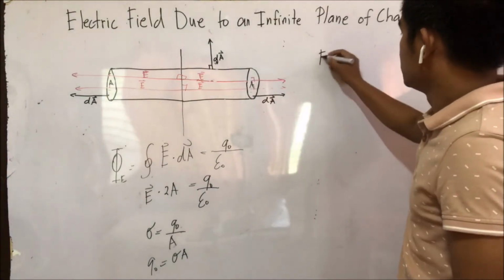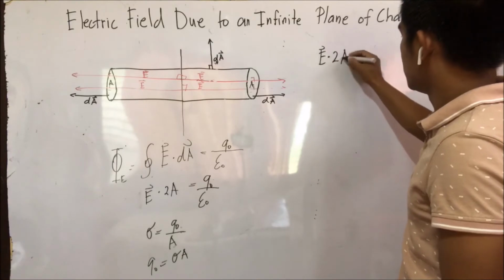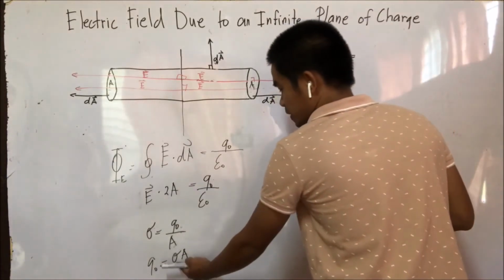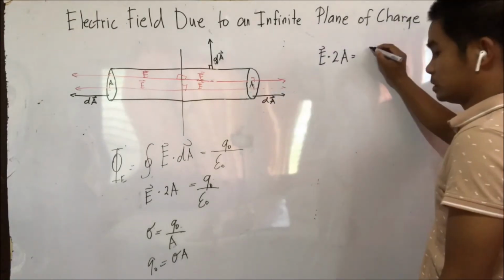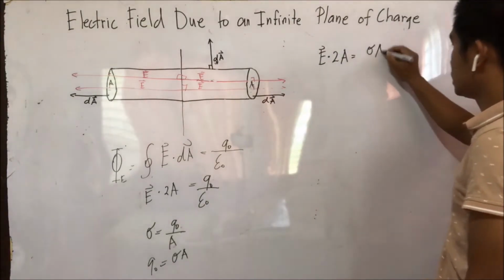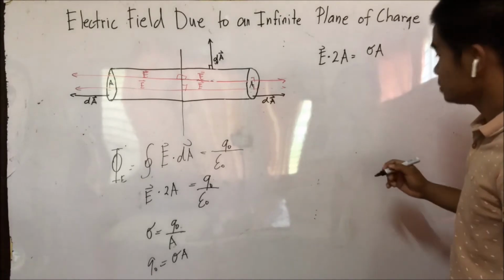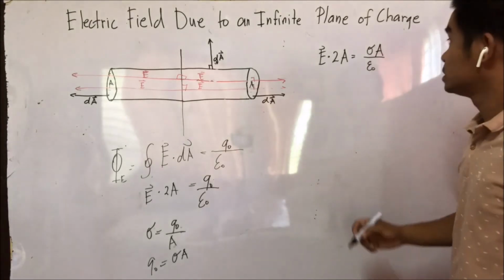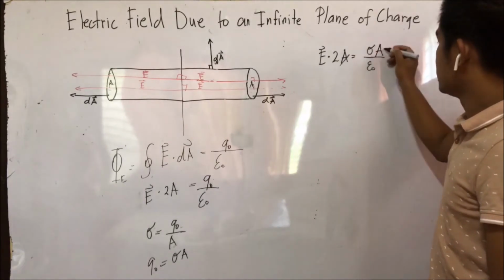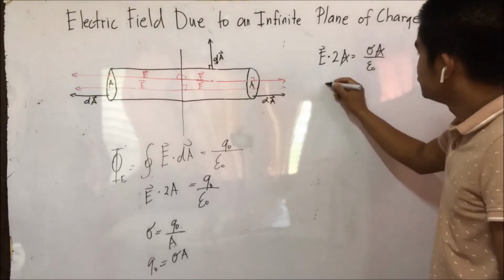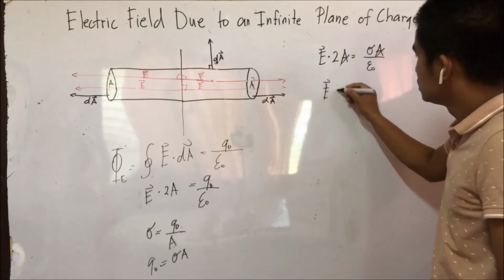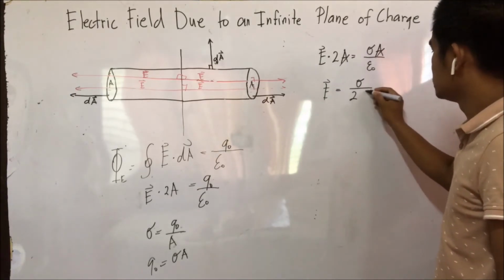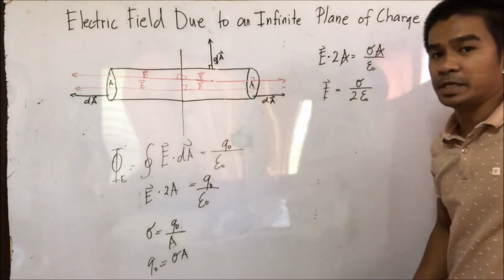So electric field times 2 times the area must be equal to, I will replace charge by surface charge density times the area, so we have surface charge density times the area over the permittivity of free space. So I can cancel the area. Then we have electric field equals the surface charge density over 2 times the permittivity of free space.